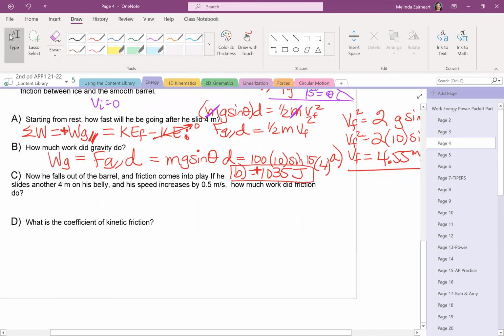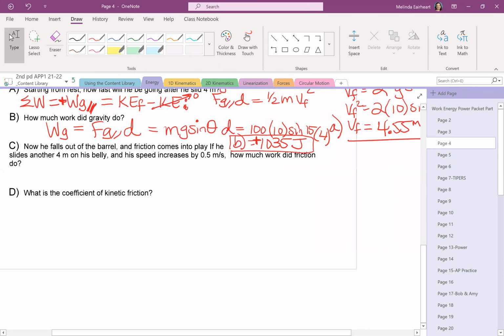Now, what if the kid falls out of the barrel and friction comes into play? Well, to keep it nice, what if they fall an additional 4 meters on their belly and the speed increases by 0.5? Notice that. The speed increases by 0.5. That's a change in speed, right? How much work did friction do? For this second half of the ramp, we said we ended at 4.55.